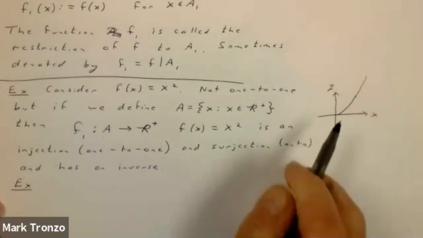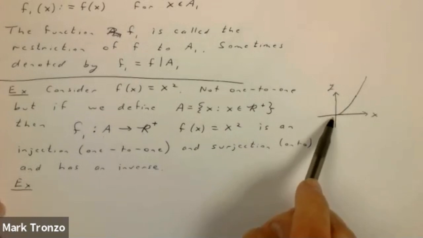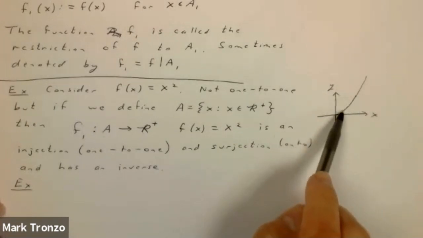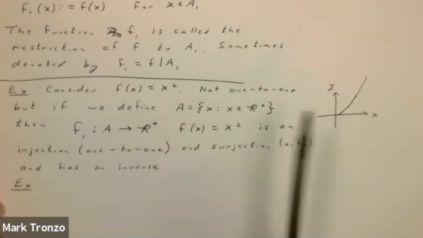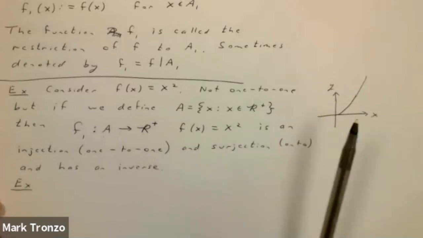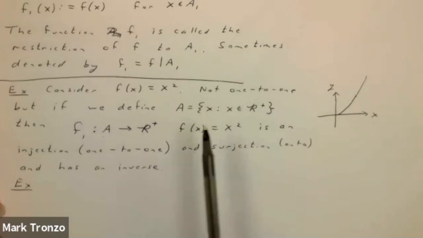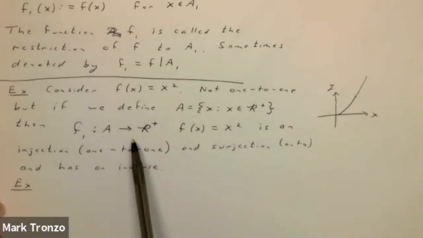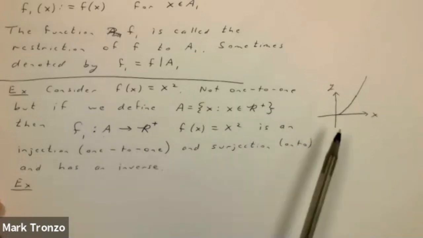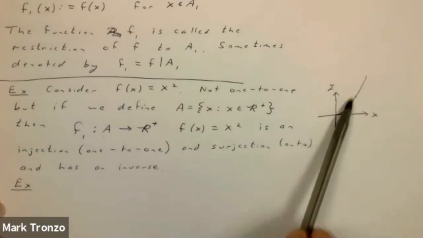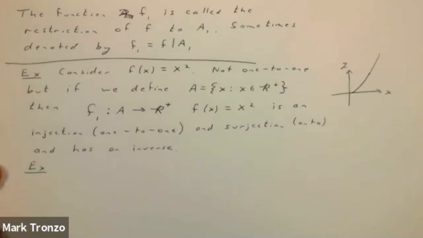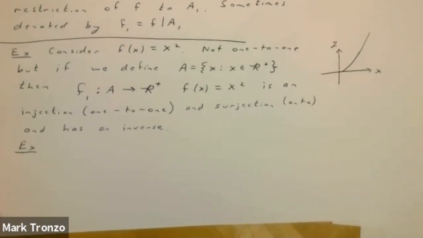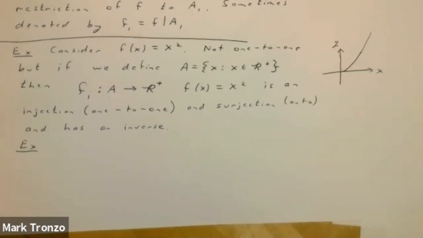Then this obviously passes the horizontal line test, and again, if we then set our codomain as the positive real numbers, it's also going to be onto as well. Any questions on that?